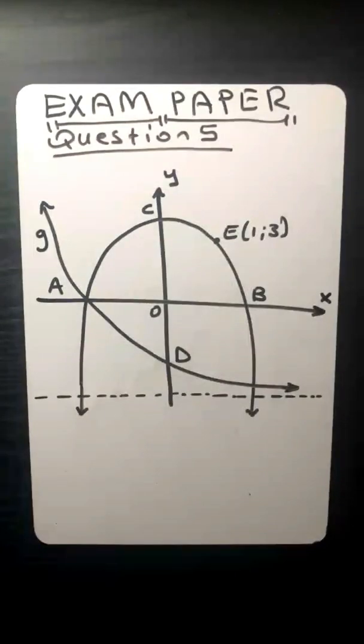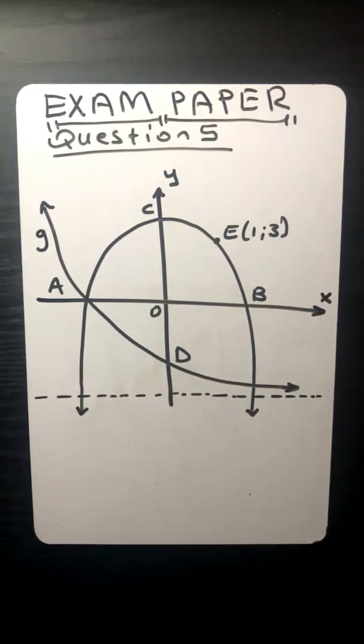So, ladies and gentlemen, quickly, let me read through the given statement. You noticed I've sent an image in the group of this question paper. So I'll quickly read through the statement, then we'll go through the sketched diagram.